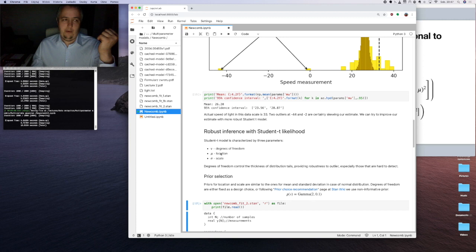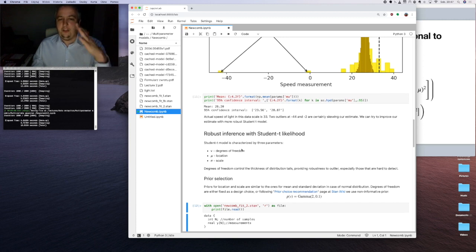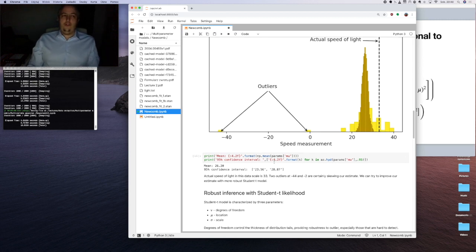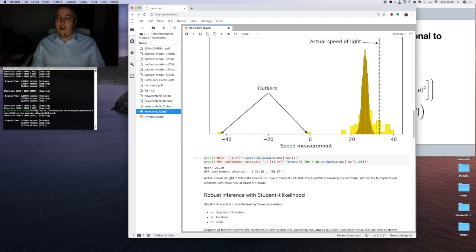The lower the number of degrees of freedom, the thicker the tails. If they go to infinity, we approach a normal distribution. Location is similar to the mean. This is the location of the mode of the distribution. Depending on the number of degrees of freedom, a Student distribution might not have a mean at all, at least in the sense of an operating integral. And the scale is the equivalent of variance, so how spread out this distribution is.